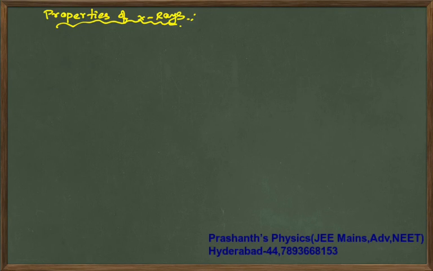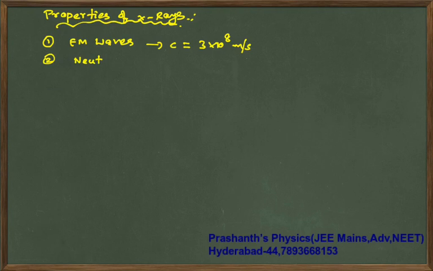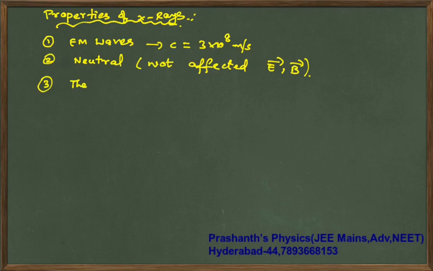So what are the properties? They are electromagnetic waves, so they travel with speed c equal to 3 into 10 power 8 meters per second. They are neutral, so they are not affected by electric or magnetic field, and they do not cause a magnetic moment, mu bar or m bar, whatever symbol you take. Because they don't have any charge, nothing will happen.